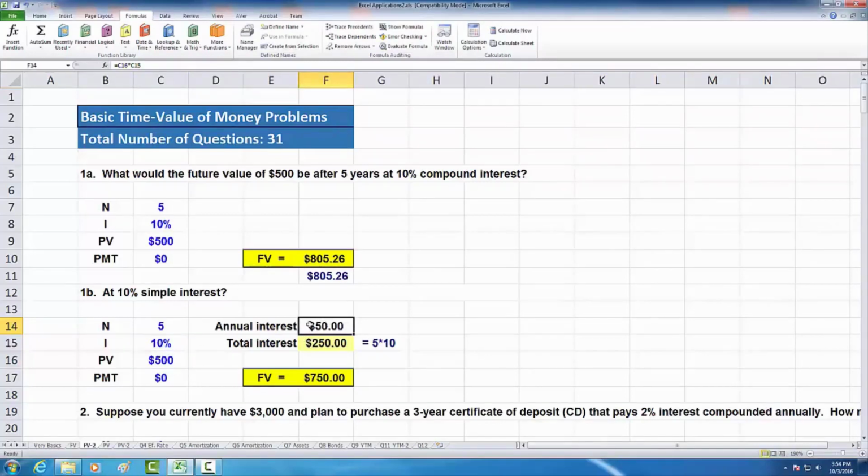So you have the $50 here, annual interest. Since this interest does not earn any interest on itself, you need to multiply it by 5. You have like $250, and you have to add this $250 to the principal. So okay, you have like 500 plus 250.